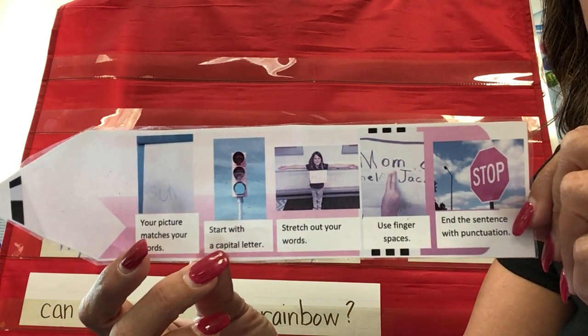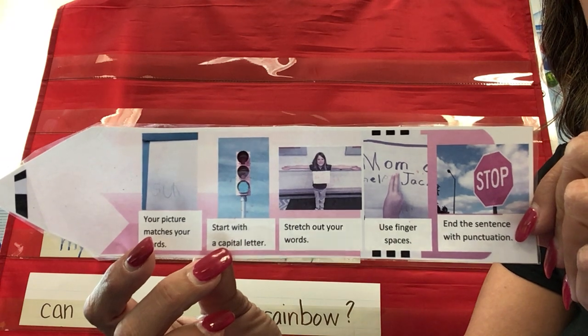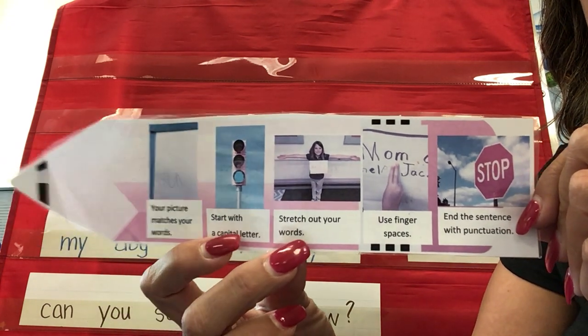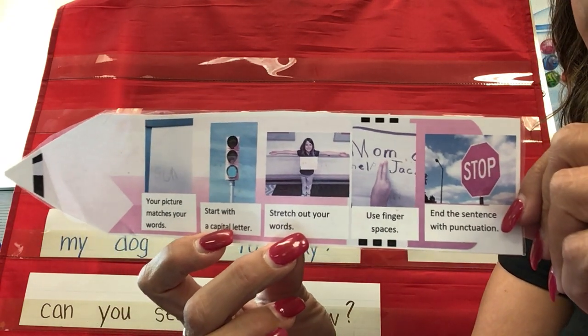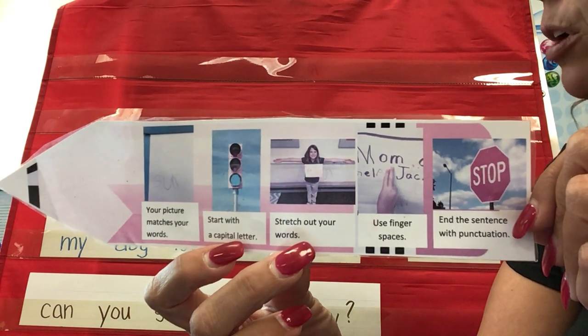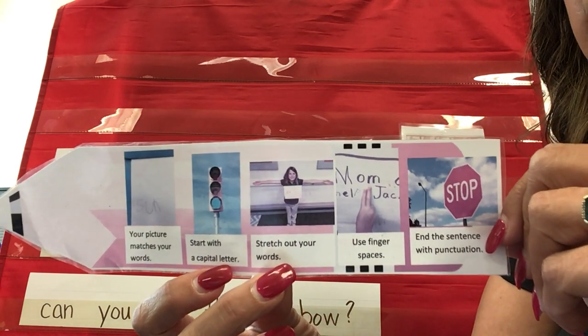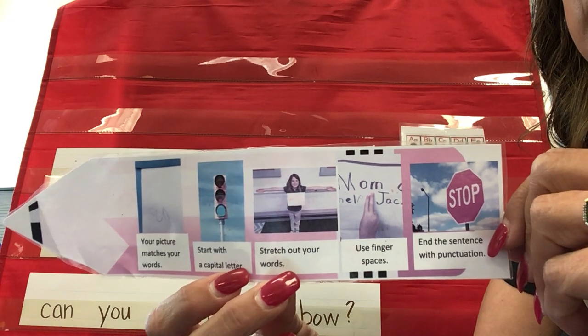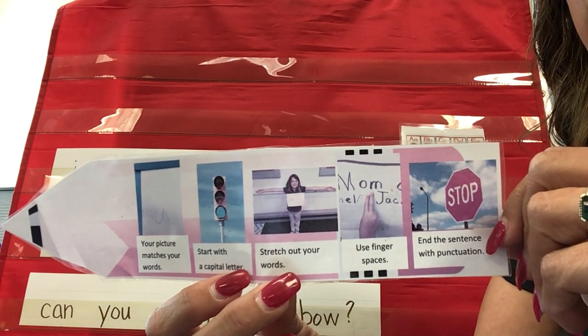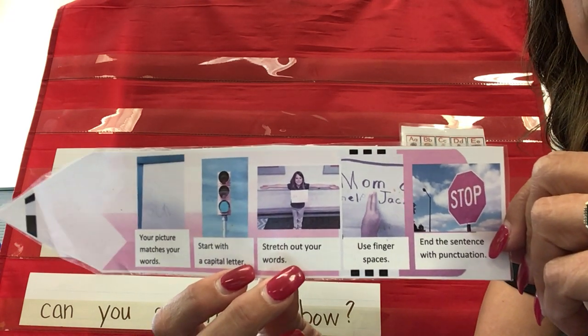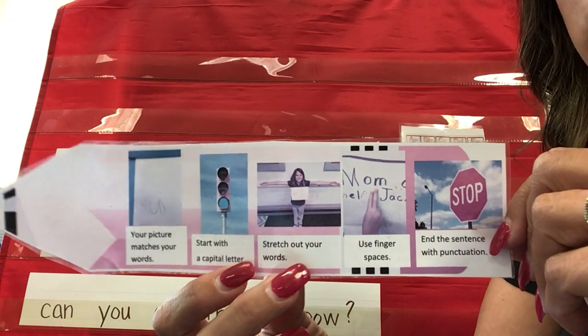So we always want to start our sentences with the uppercase letters or capital letters, stretching your words, which means we want to hear all the sounds. So if we talk about the word dog, we stretch it out, say d, dog. So we hear the beginning, the middle, and the ending. We know what letters to use.